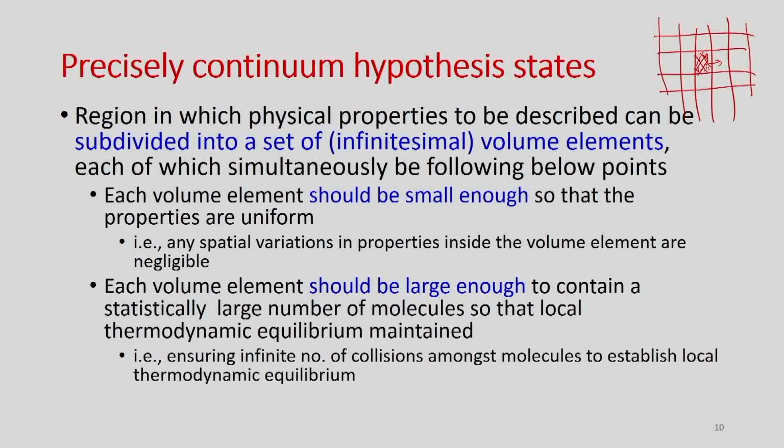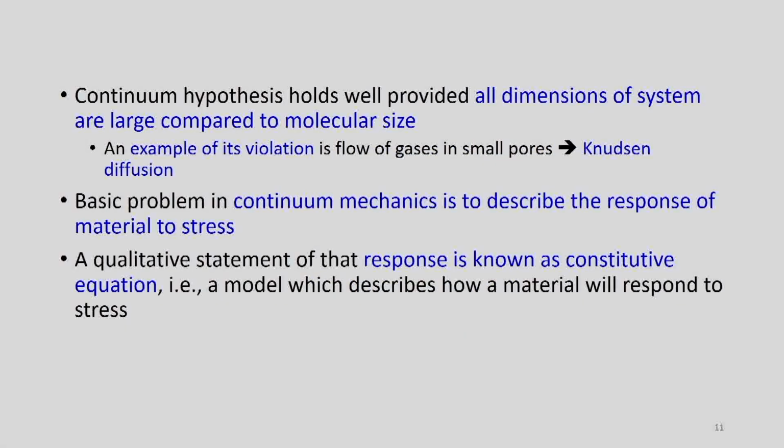So, precisely, each volume element should be small enough so that the properties are uniform, that is, spatial variations in properties inside the volume element are negligible, and each volume element should be large enough to contain a statistically large number of molecules so that local thermodynamic equilibrium is maintained. However, the continuum hypothesis holds well provided all dimensions of the system are large compared to the molecular size.